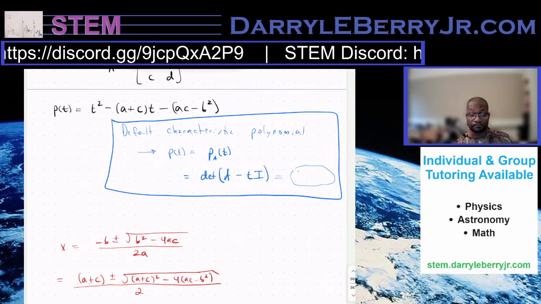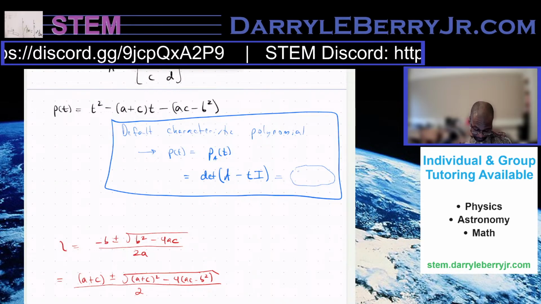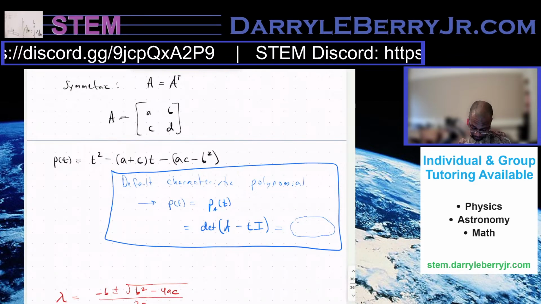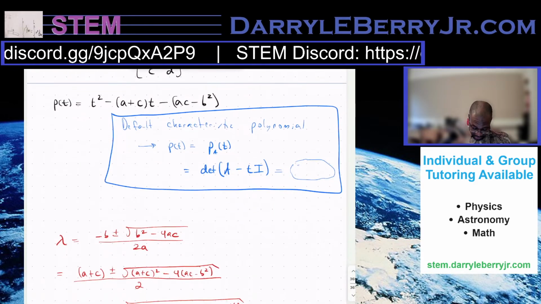This is for the eigenvalue, since we're solving for what the t is.